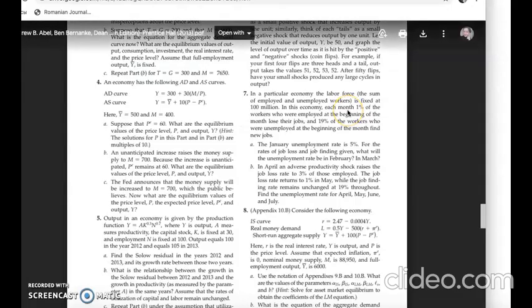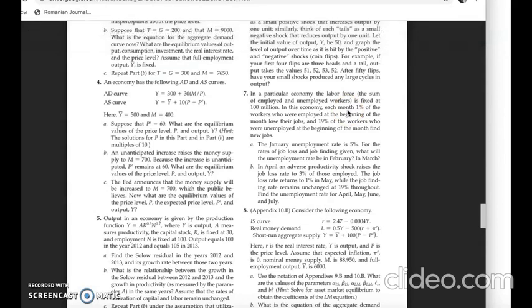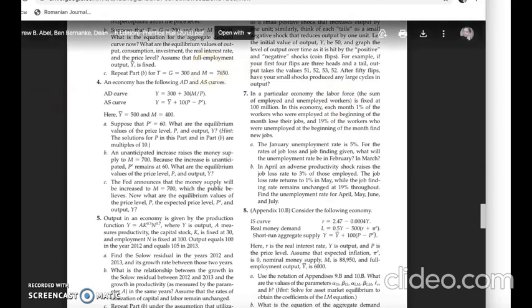Part B, an unanticipated increase raises the money supply to M equals 700. Because the increase is unanticipated, expected price remains at 60. What are the equilibrium values of the price level P and output Y?